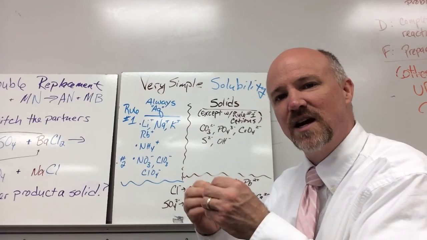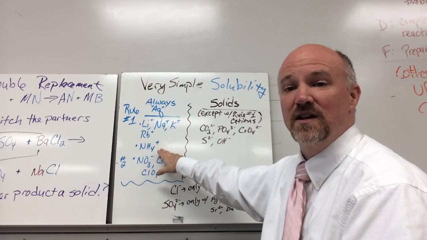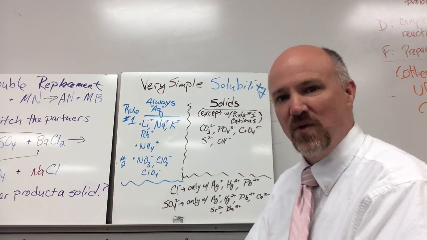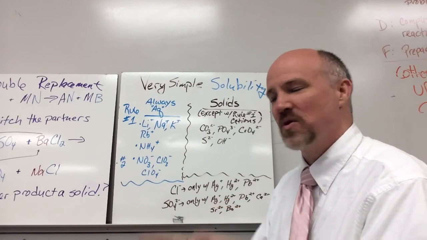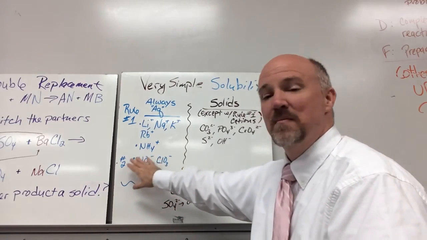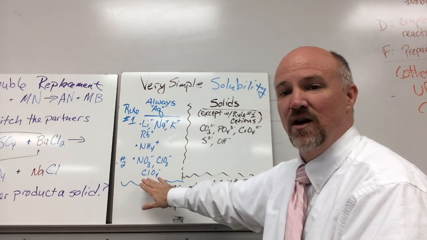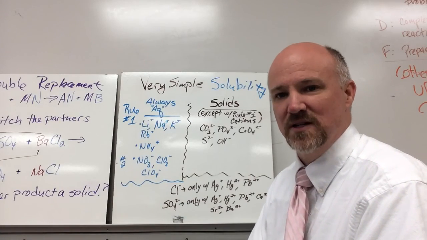It's not going to stick tightly to it and come out of solution. Also, anything that is attached to ammonium will stay dissolved. It won't attach tightly. It'll stay dissolved in solution and dispersed in water. Any metals that are attached to nitrate, chlorate, or perchlorate will also pretty much always be dissolved.